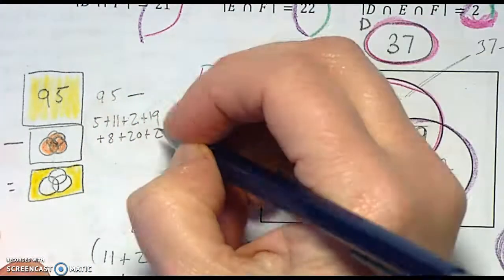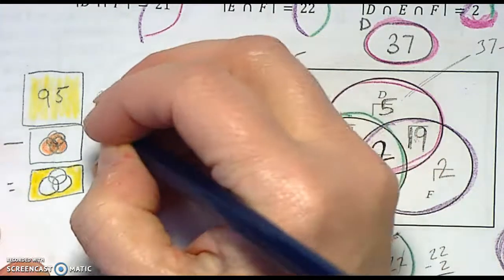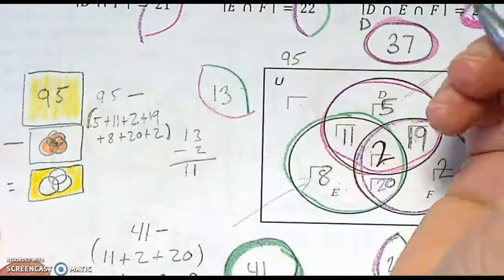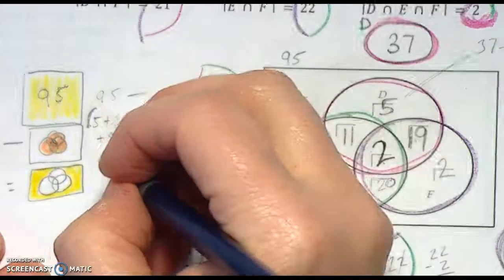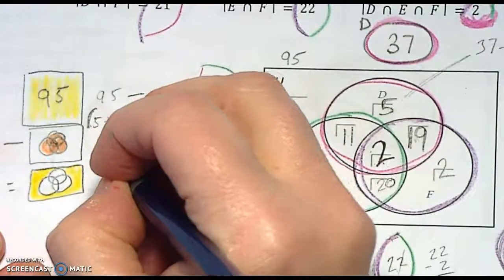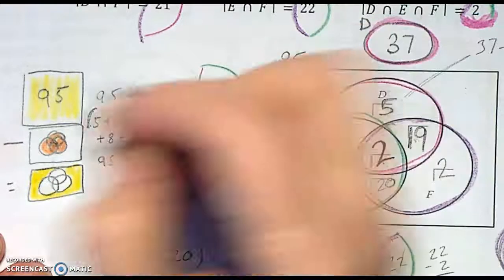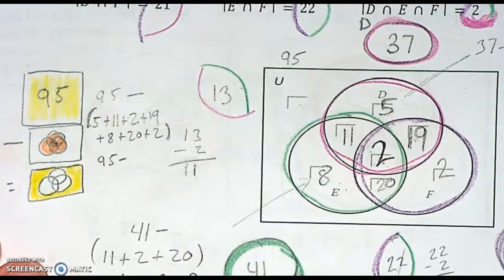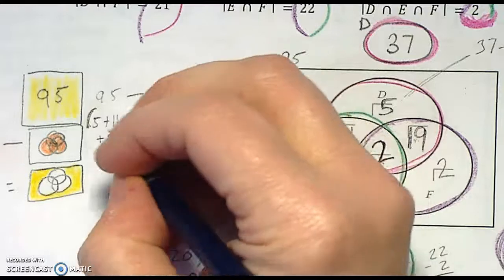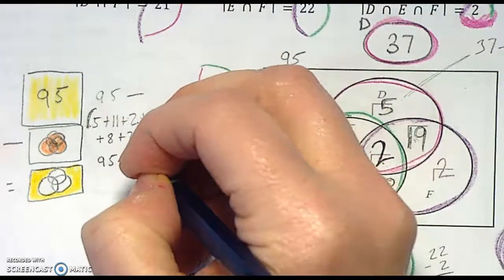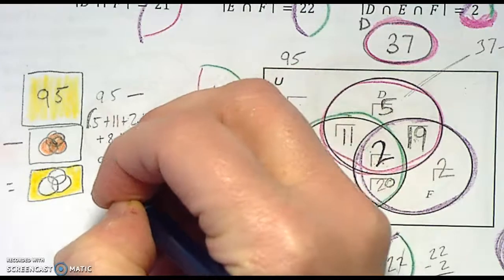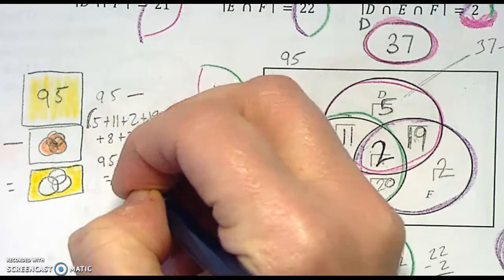And if we're doing this on a calculator, we need to make sure we're getting rid of all of those things. So let's rewrite that as 95 minus, I'm going to add those up really quick. So altogether, all these added up is 67. 95 minus 67 is 28.